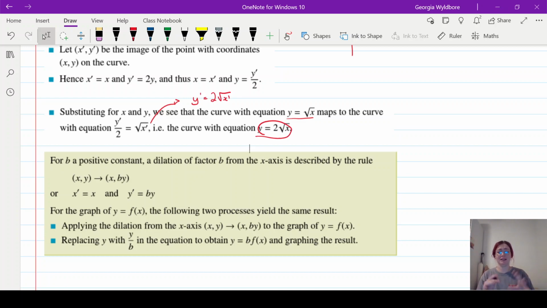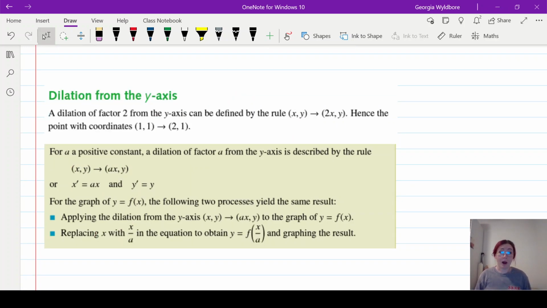As a little summary box here, when you have a dilation of factor b from the x-axis, this is our rule: the point x, y maps to x, by, or x dash equals x, y dash equals by. So you would replace y with y over b in your equation, and then when rearranging, you get y equals b times f of x. You'd be able to graph from that.